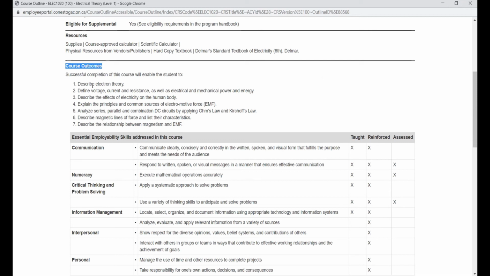You have to know the difference between the electron flow theory and the conventional flow theory. Also, be able to define voltage, current, resistance, and also power and energy, know what all these concepts and terminologies are, and know how to apply them in formulas in order to solve problems.